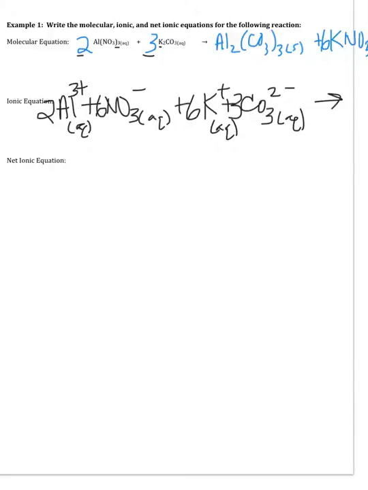Now for the products. The precipitate is not soluble in water. That's why it's a precipitate. And so we're not going to dissociate this or break it apart. So we will just recopy what we see in the equation above. But the other product, the potassium nitrate, is soluble.